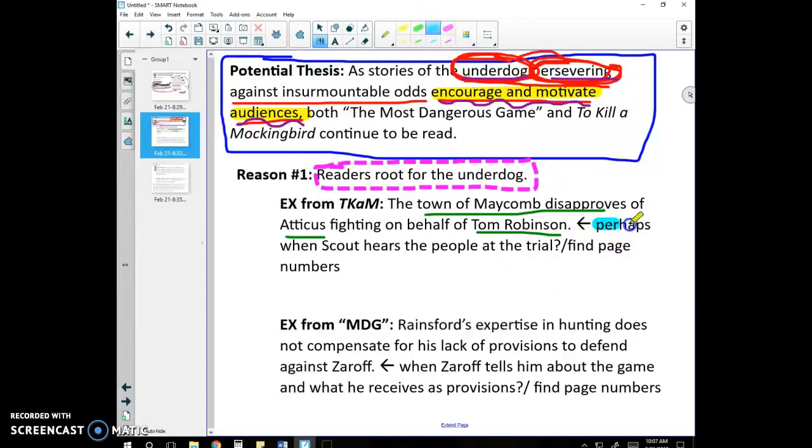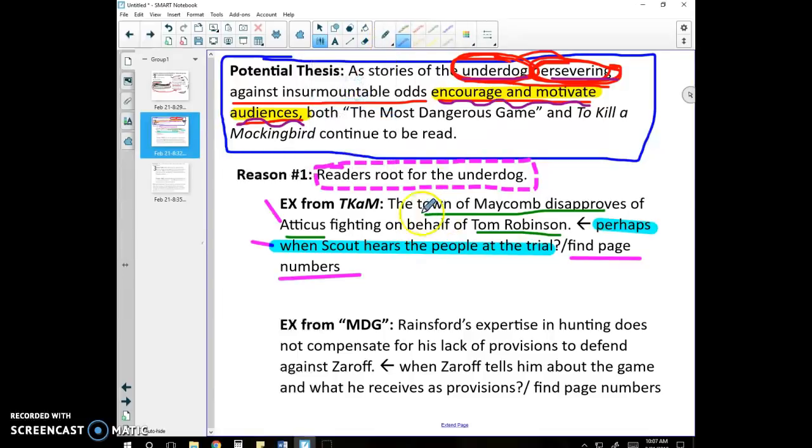Maybe I'll say when Scout hears the people at the trial. That's a good piece of evidence to show that he's an underdog. People don't want him to succeed. That's my piece of evidence. I've also listed that I've got to find some page numbers because I don't know where that's at. But I started with this idea and then said, here's what I could probably use to support that.